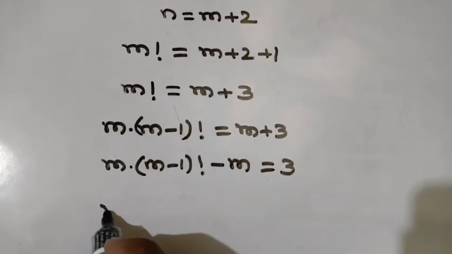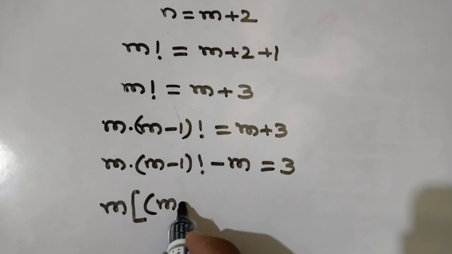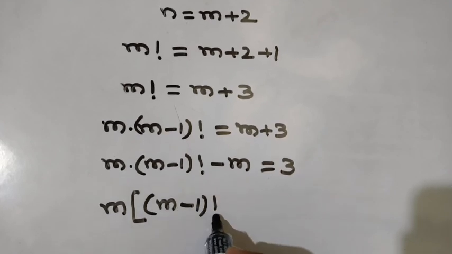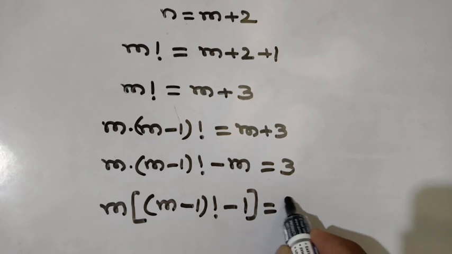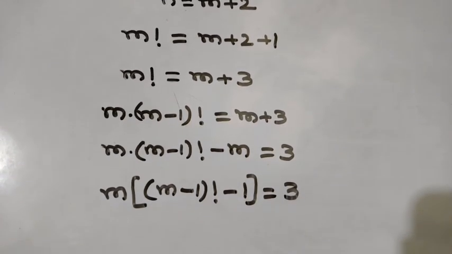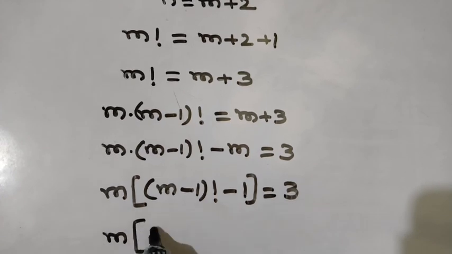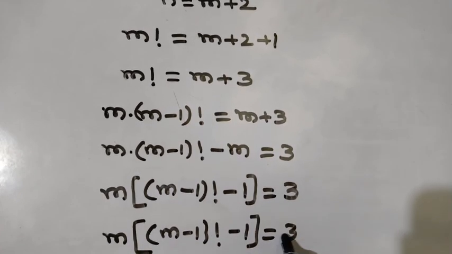M is common in here, so m times ((m − 1)! − 1) = 3.